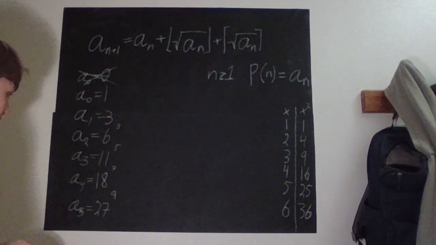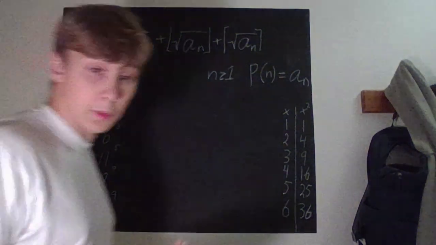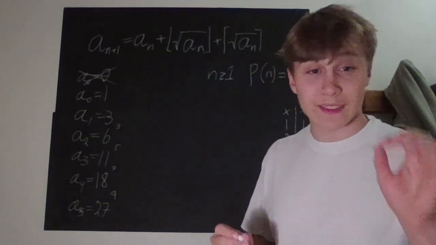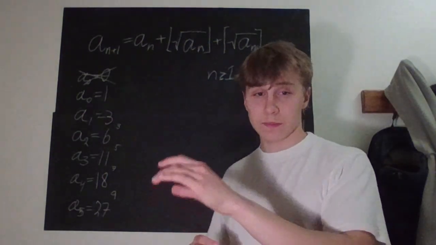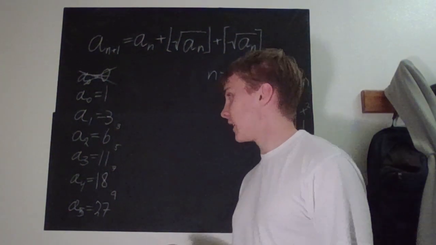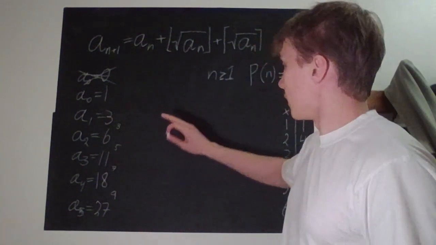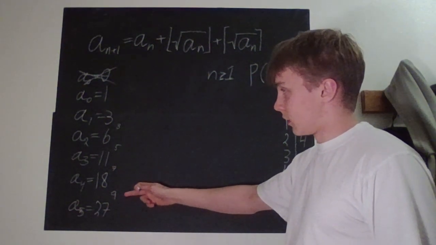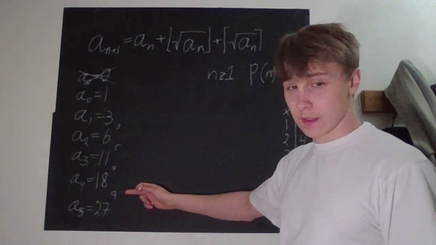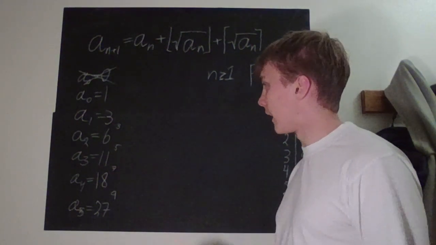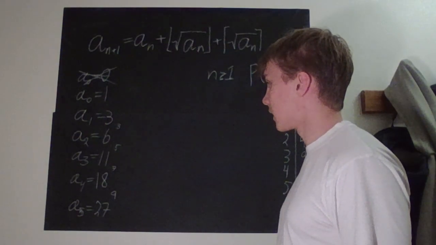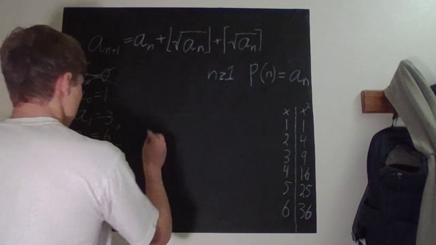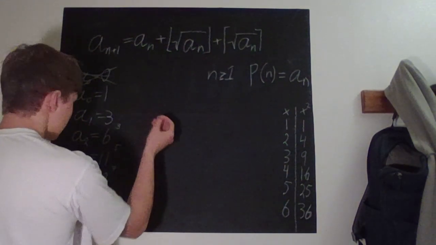So what we want is a polynomial wherein the difference between each term should be another polynomial, right? 3, 5, 7, 9. What does that look like? Well, it obviously just looks like 2x plus 1, right?